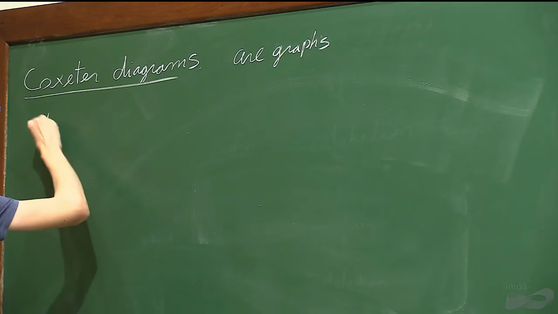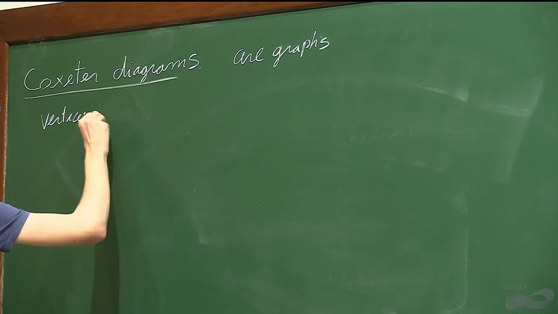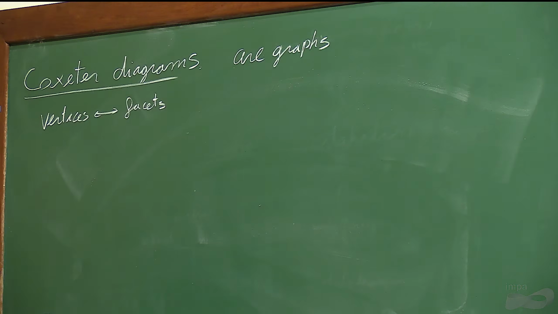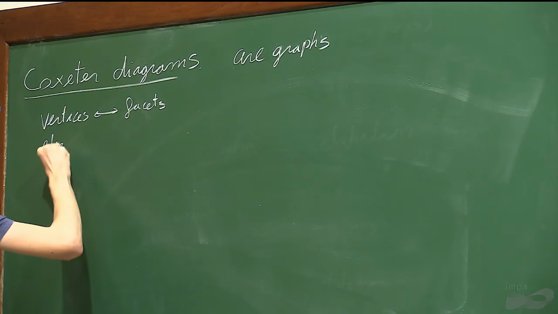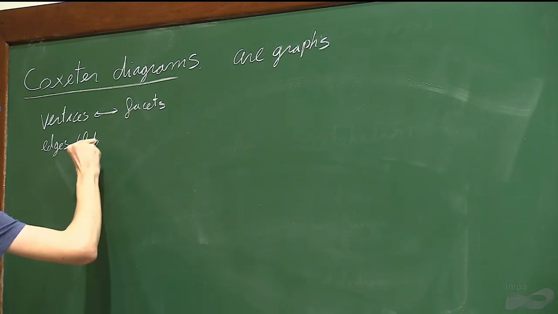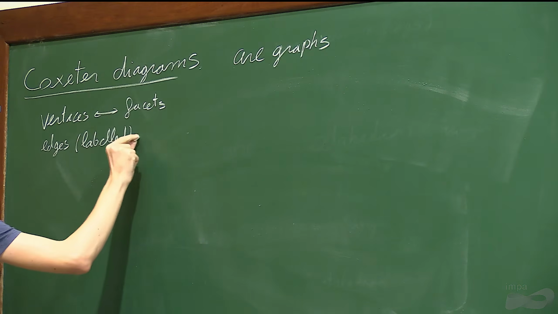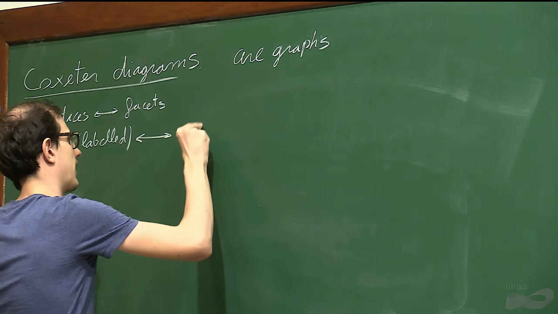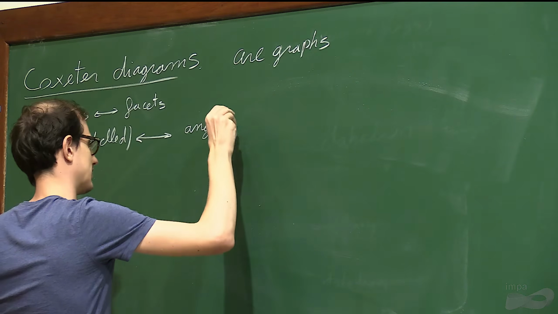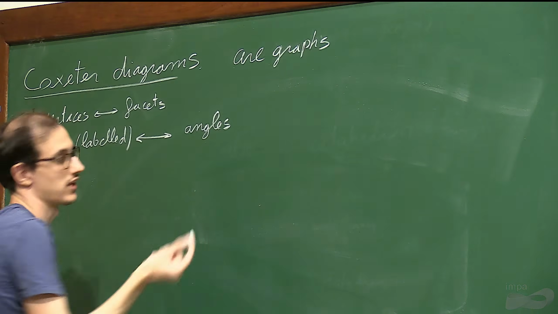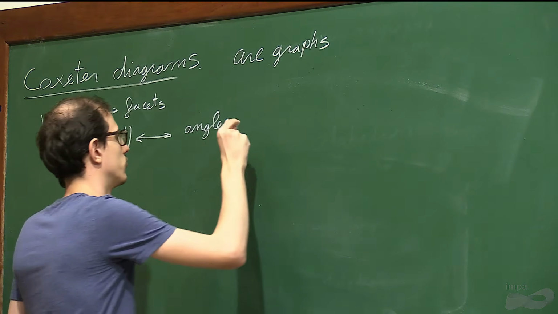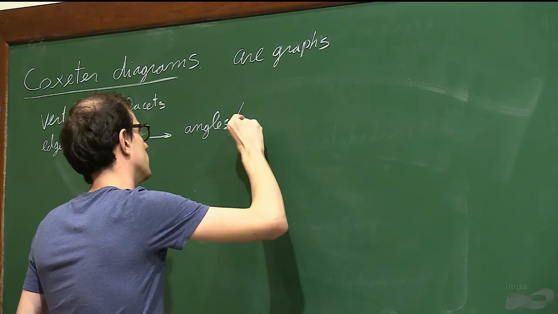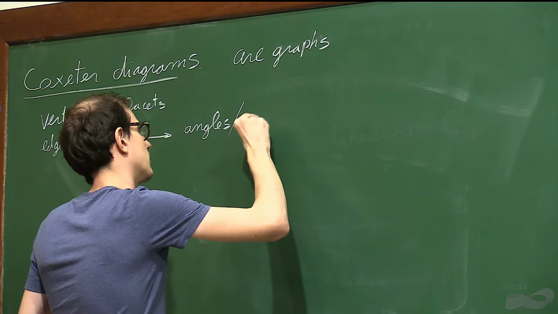Vertices correspond to facets, and edges that will be labeled will correspond either to angles between facets, or to the nature of the intersection between the two facets that are the vertices, so angles or some other label for non-intersecting.